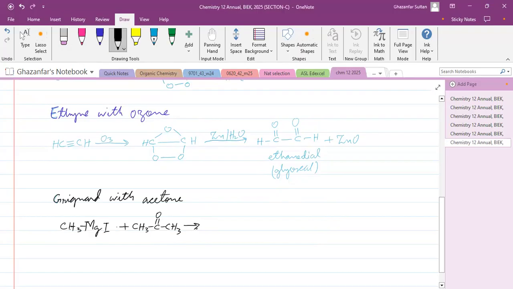So first an intermediate is obtained, that is CH3, CH3 and O, while this magnesium is there with oxygen and this methyl. Actually first methyl attacks on the carbonyl carbon because this is the nucleophile and this is the electrophilic center.